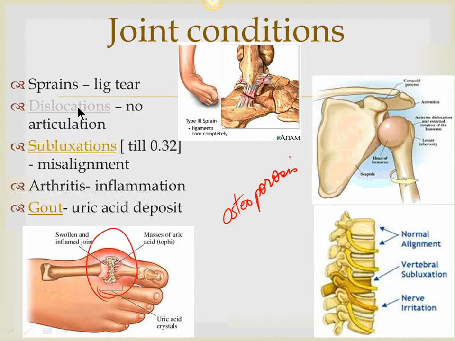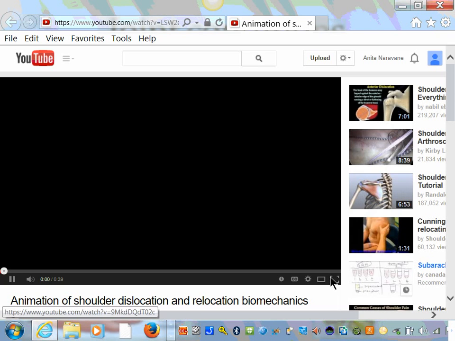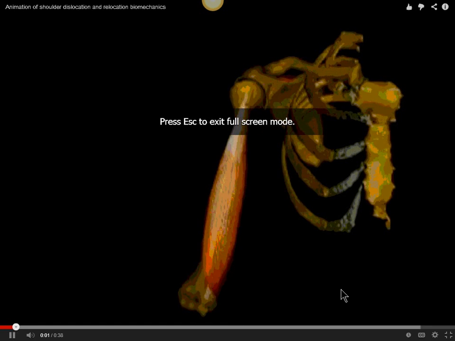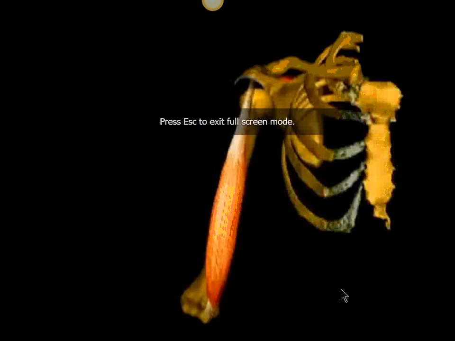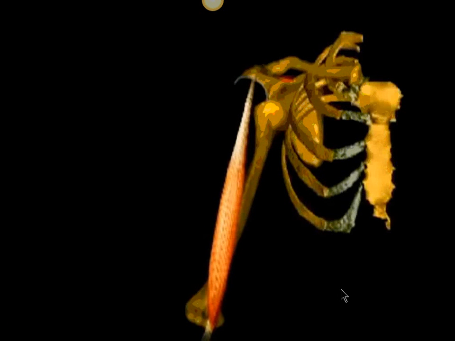So let's look at dislocations. With the humeral head displaced in a subcoracoid or subglenoid position, the spasmic biceps tendons bowstring across the humeral head, lateral to the axis of the displaced head, so keeping it out.